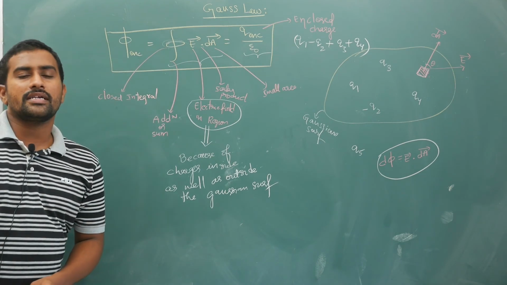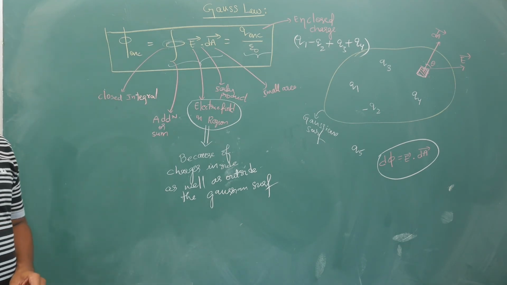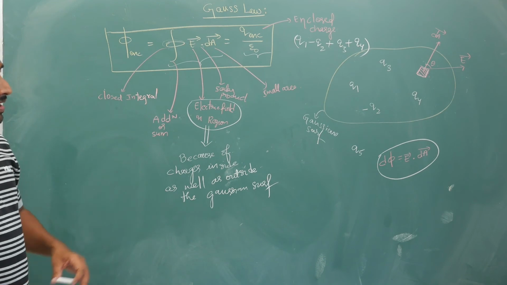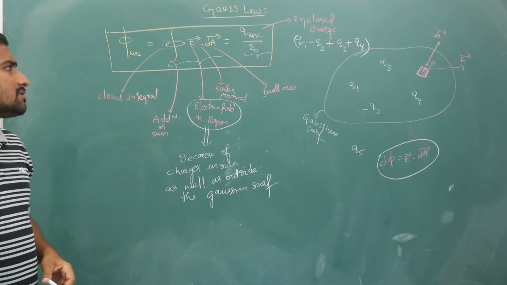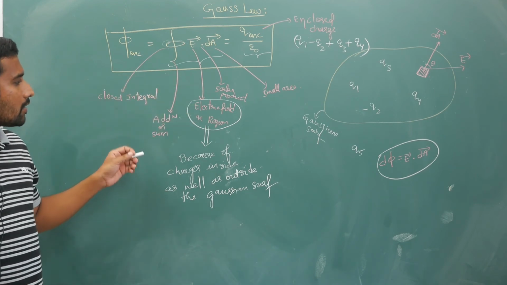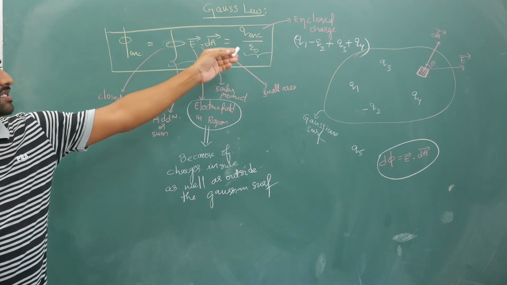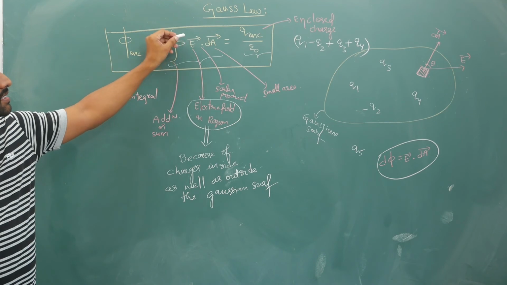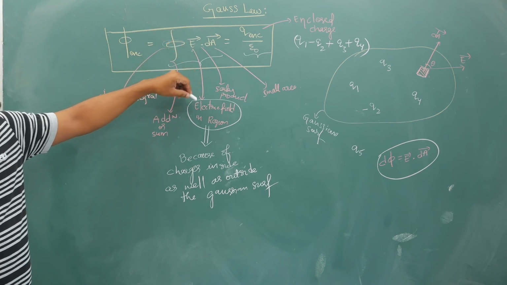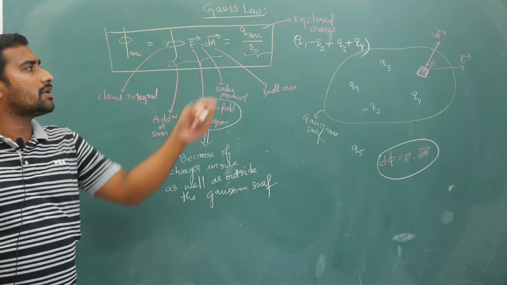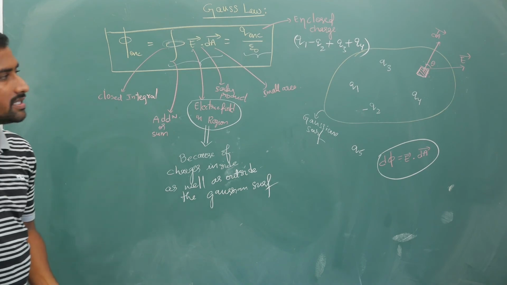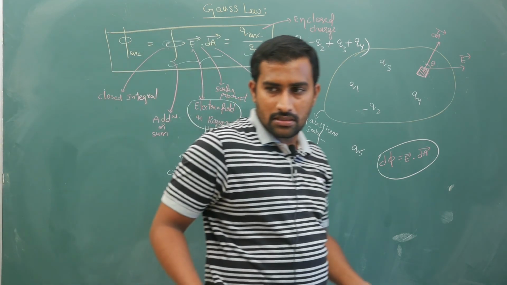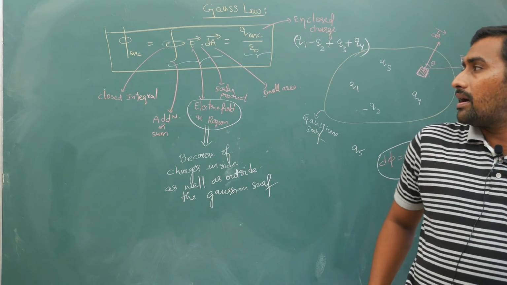It relates electric flux between field and charge, and this expression is given by Gauss. The main part is that this E bar is because of charges inside as well as outside, and your Q enclosed is the charge present only inside the Gaussian surface. Hope you have understood it.